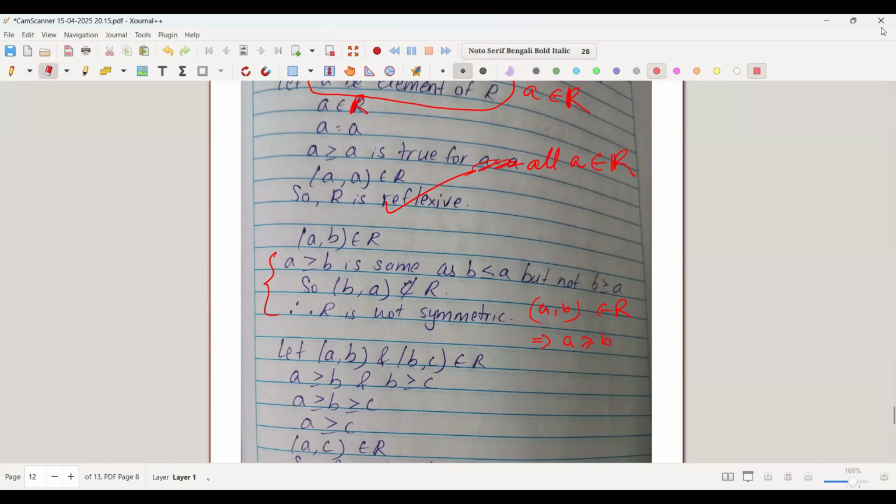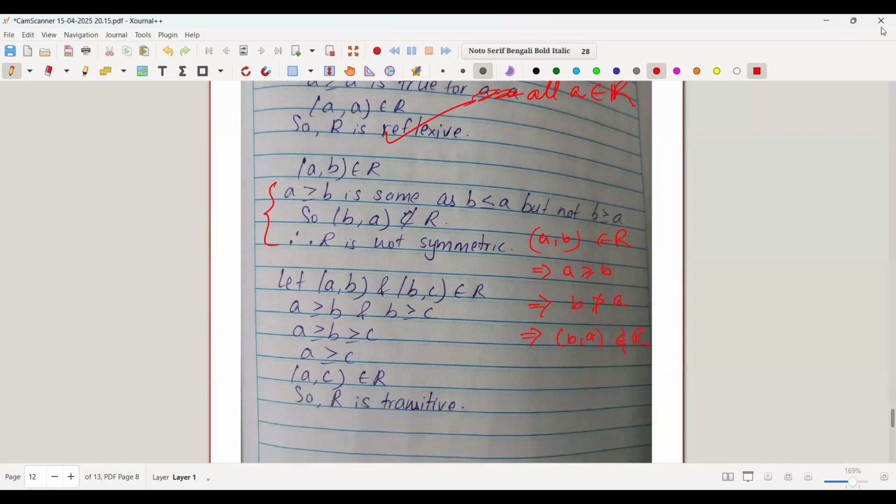This implies B is not greater than A. Okay. So this implies (B, A) does not belong to R, and hence it is not symmetric.